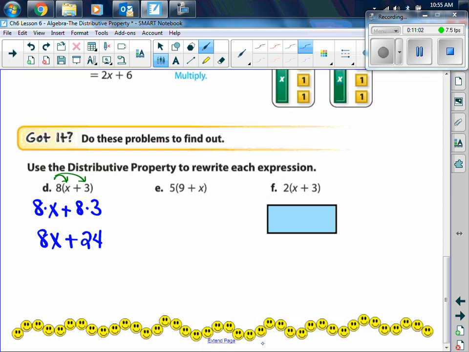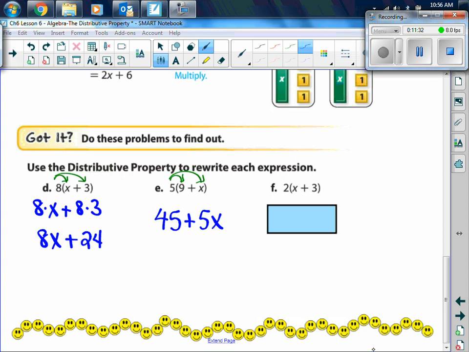I'm okay with that. So for letter E, we're going to take that 5 and multiply that times everything inside the parentheses. So we will have 5 times 9, which is 45, plus 5 times x, which is 5x. And that's your final answer.